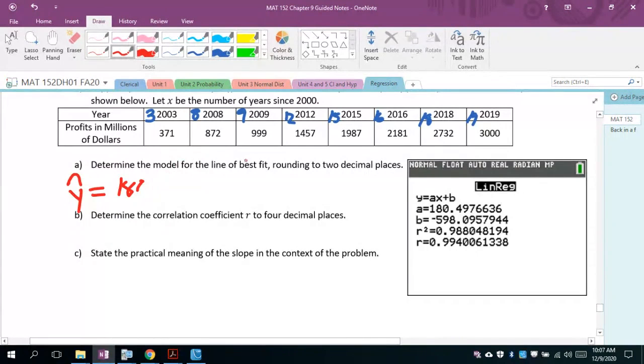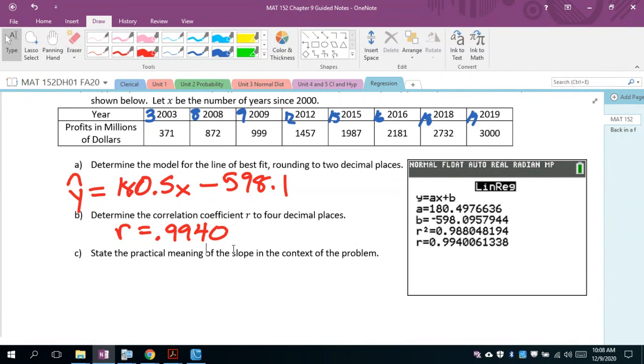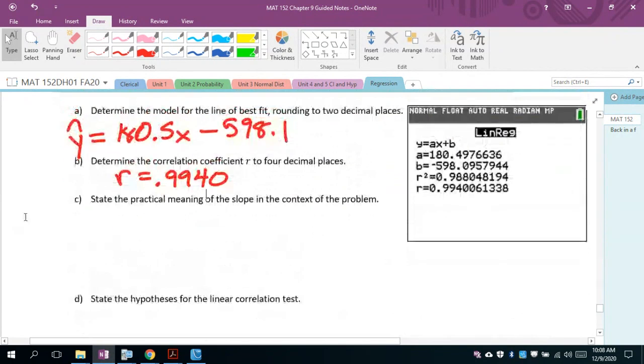Come on, why is this? Don't do this to me today. 180.5x minus 598.1. And the correlation coefficient is r equal to 0.9940. So, in other words, that is a pretty strong linear regression.